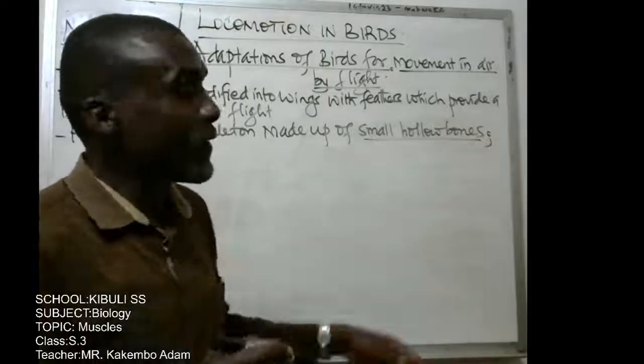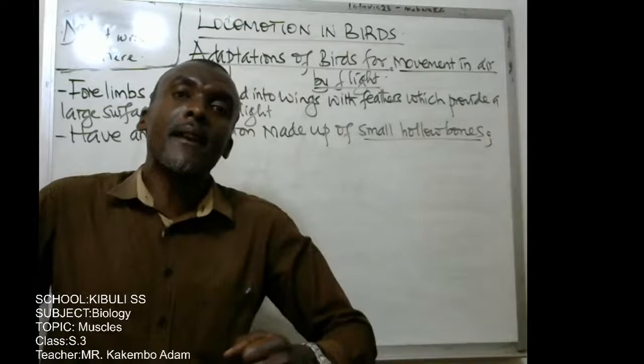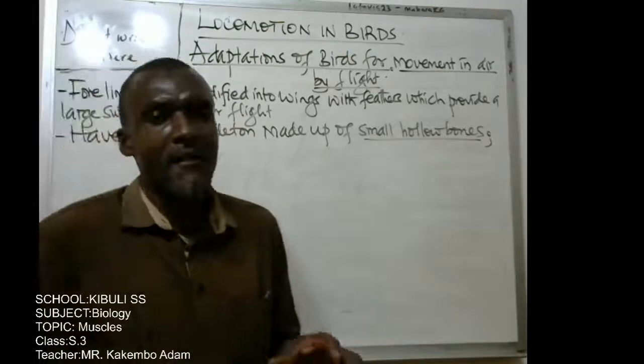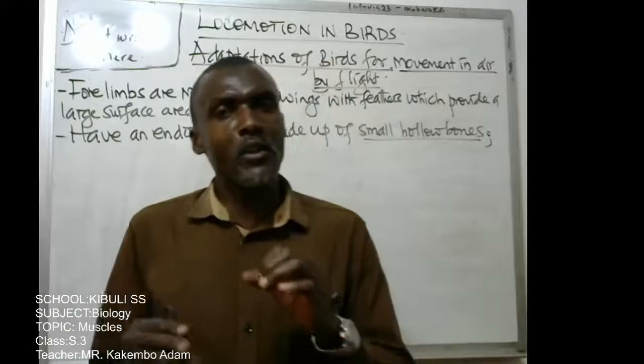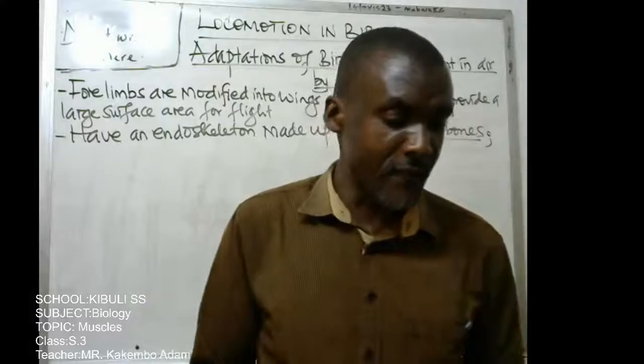So the advantage of having a hollow bone means less weight. The burden of carrying a lot of luggage or mass in space is minimized by having hollow bones. Their bones are not compact, so there is less weight when the bird is in space.